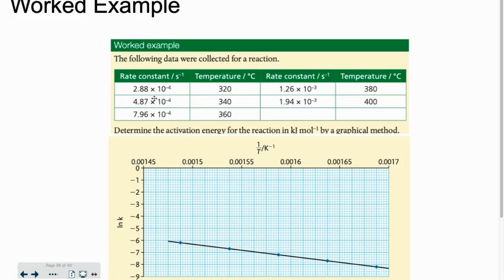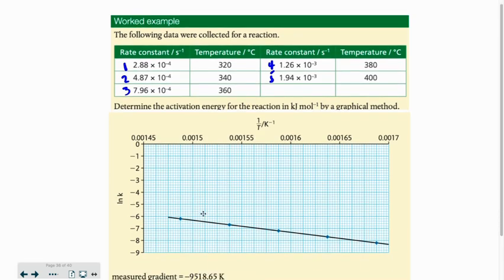Here's a worked example. In this case, you're given 5 K values at 5 different temperatures. Here are your temperatures, and your job here is to plot the graph, the Arrhenius plot, and then use that to calculate activation energy.